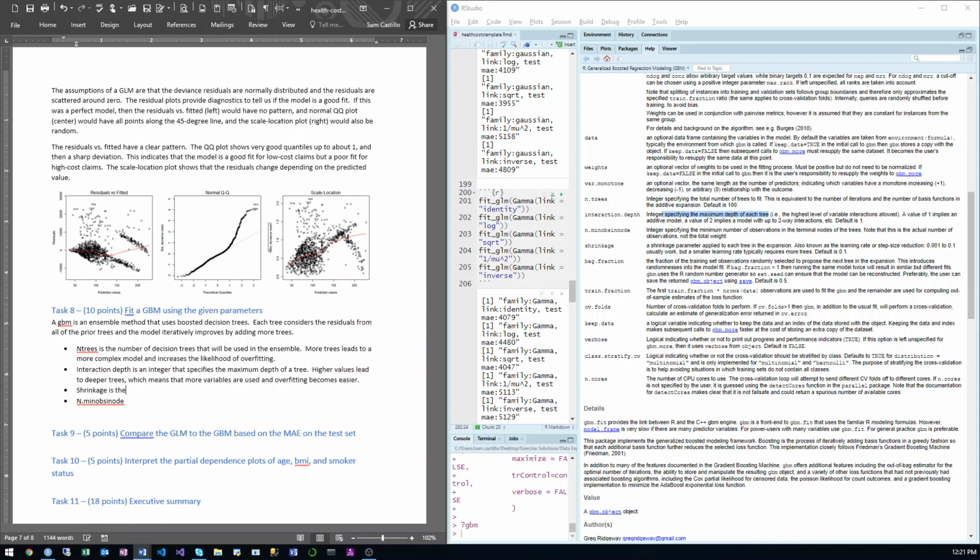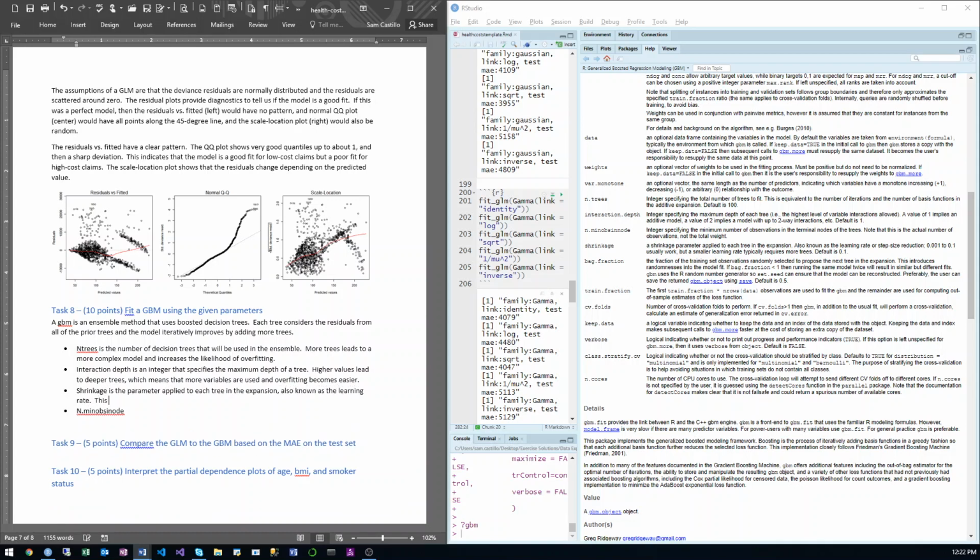Shrinkage is, so I'm just reading right here this definition where it says shrinkage. Shrinkage is the parameter applied to each tree in the expansion, also known as the learning rate. This is the rate at which each tree's contribution adds to the predicted value.